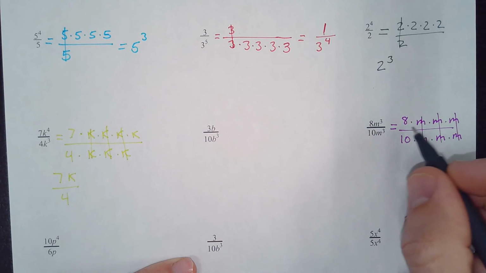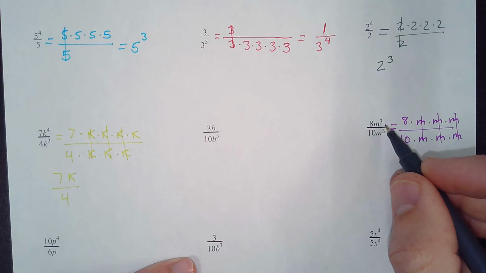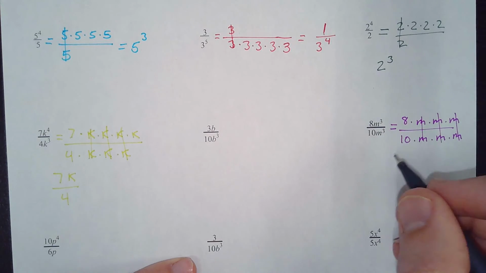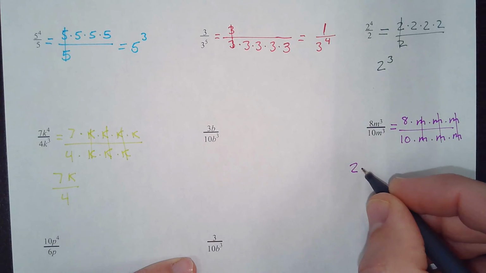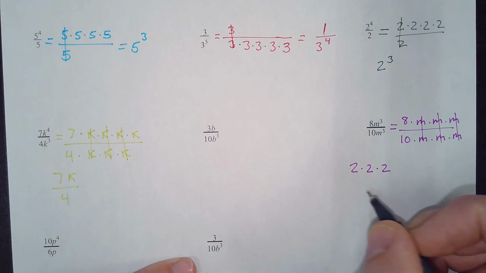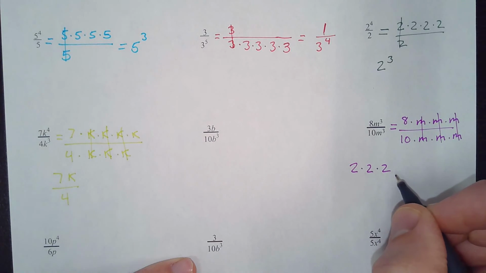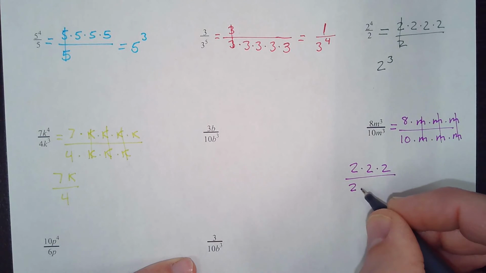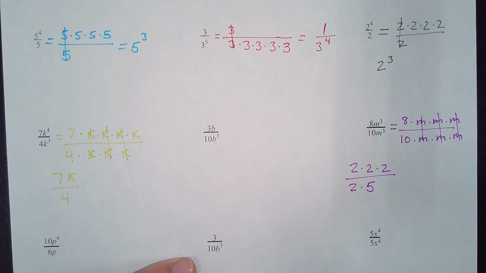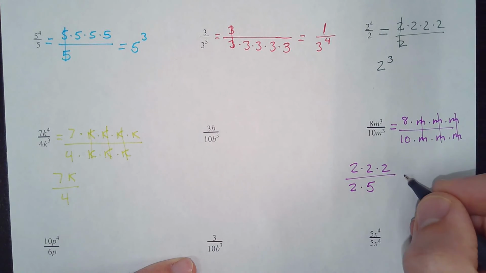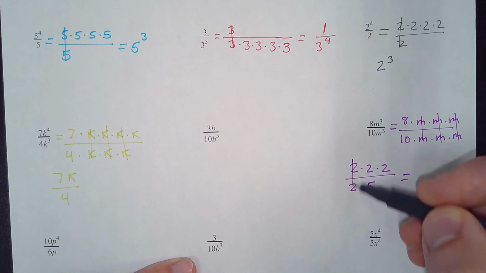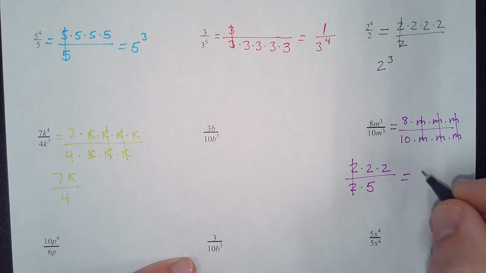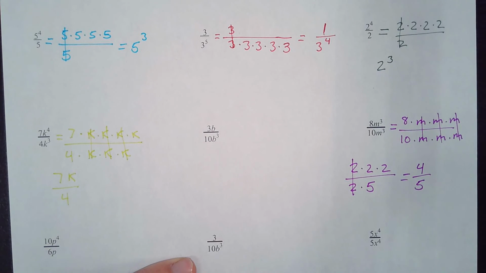Just like we expand m times m times m, let's expand 8 to 2 times 2 times 2. 2 times 2 times 2 is equal to 8. And the denominator, let's expand that out to 2 times 5. 2 times 5 is 10. Now let's see what we can cancel. Cancel there. So we're left with 2 times 2, 4 fifths. And there were no m's left, so 4 fifths is that one.